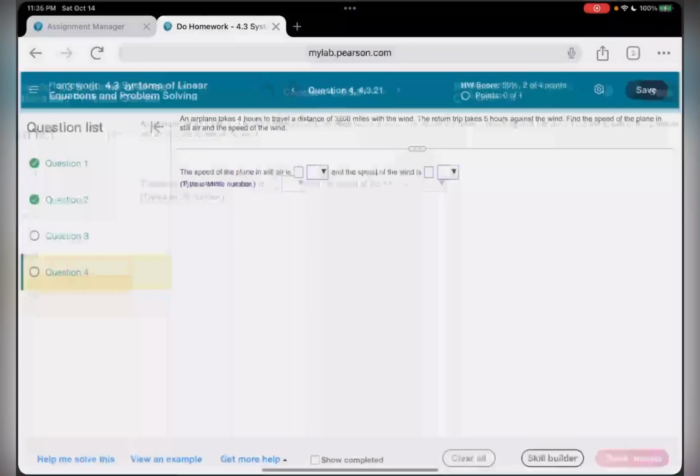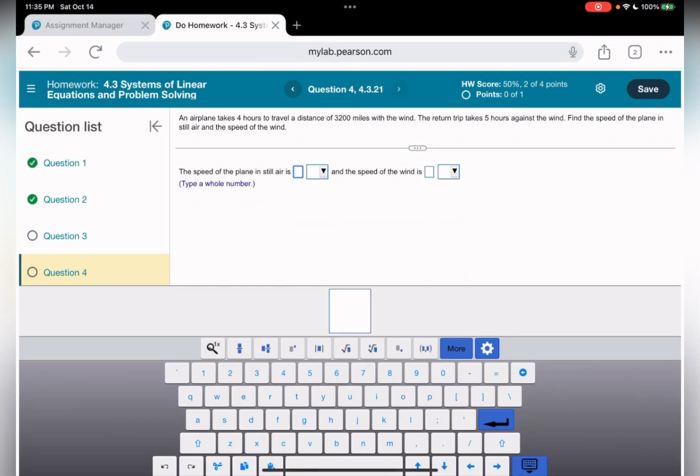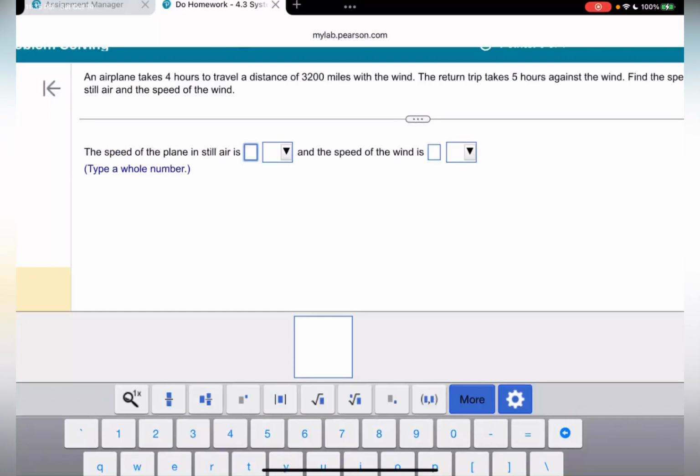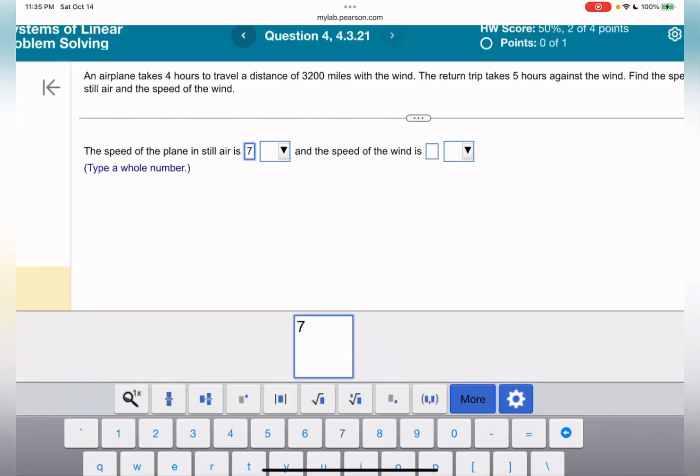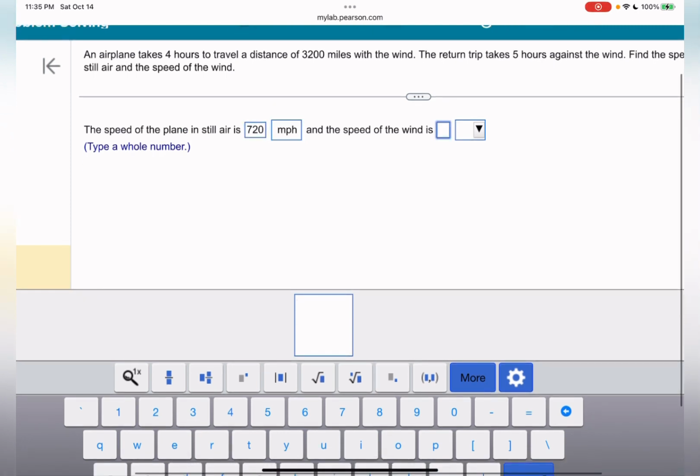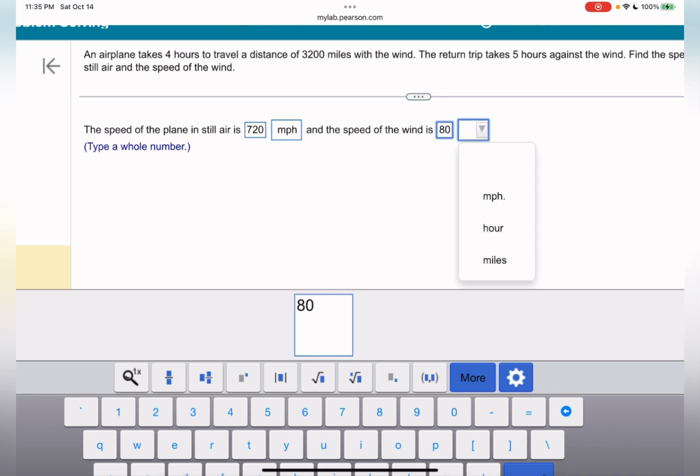Let's go solve it. 720, and because it's a speed, it's going to be miles per hour. And this one is going to be 80, also miles per hour.